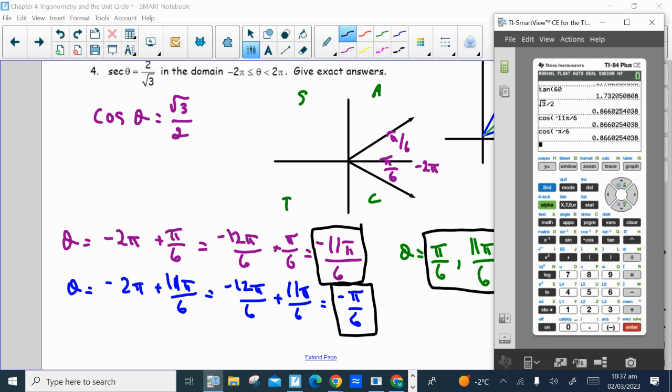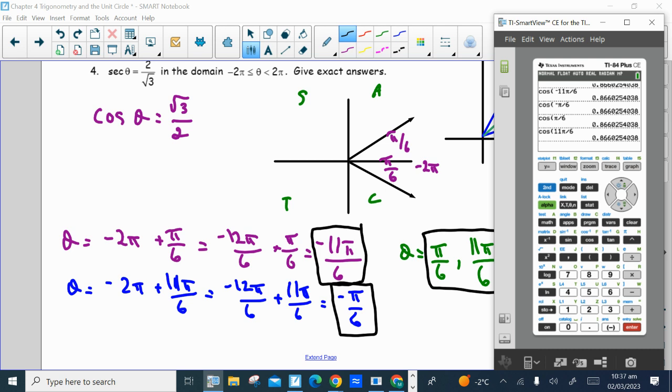As well as the cosine of positive pi on 6 and 11 pi on 6. So whatever answers you get and write down, you can always check to make sure they're right.